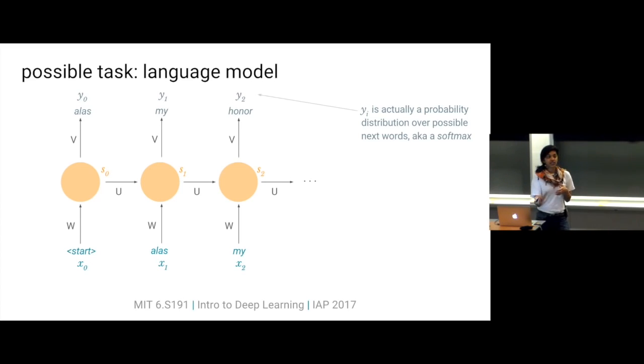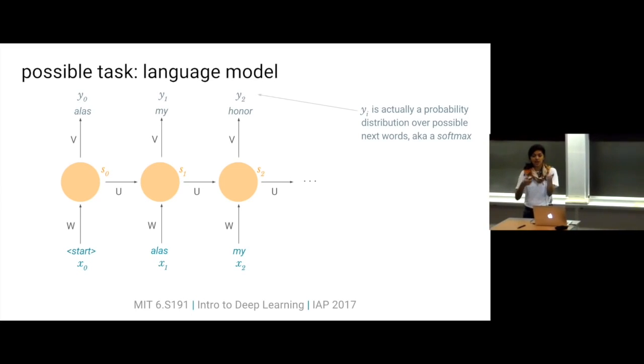So given that I'm at the start of a sentence, and given that I've been trained on all this Shakespeare, what is the most likely next word? And it might say, okay, the most likely next word is alas. Then I'll say, okay, now given that I've seen alas, what's the most likely next word? My. Okay, now given that I've seen alas, my, what's the most likely next word? And it would say honor, for example.